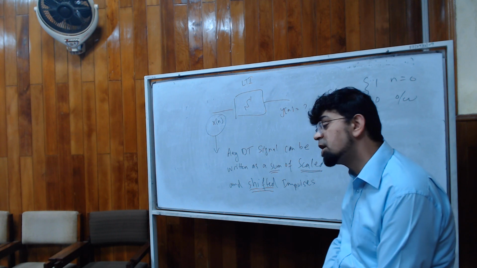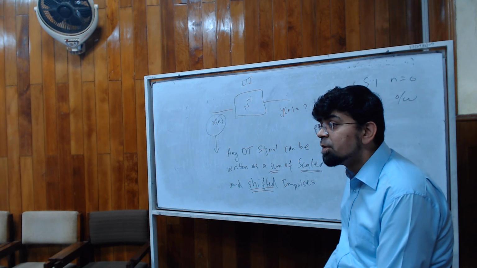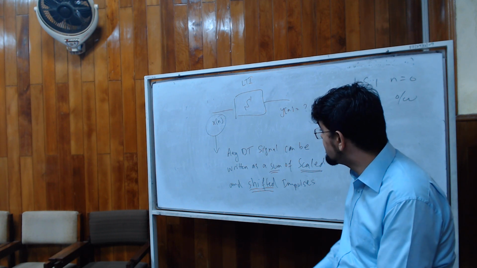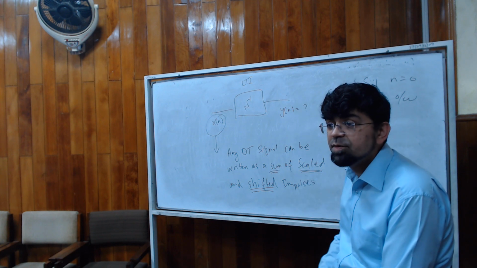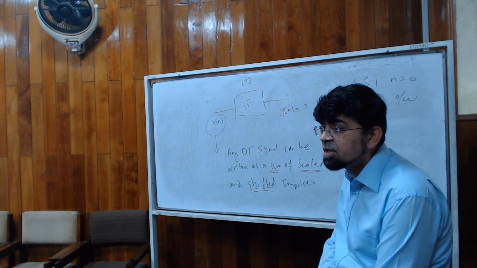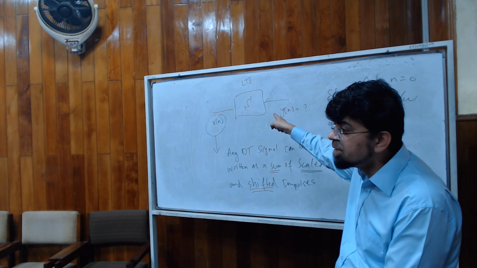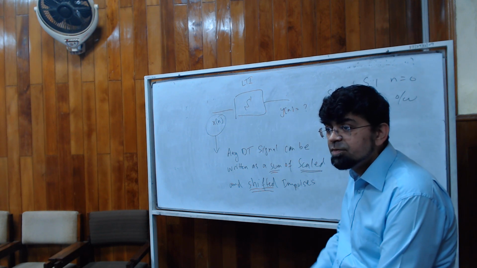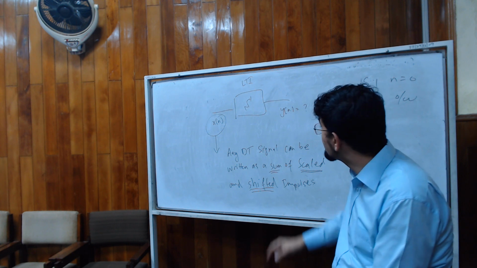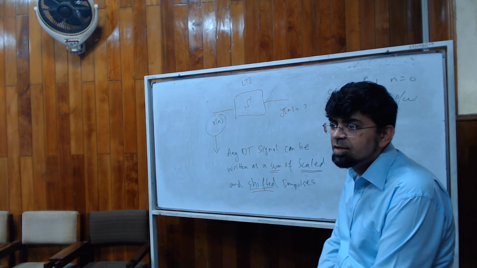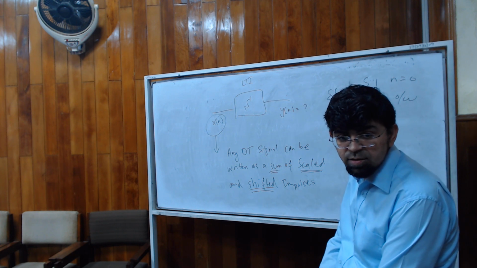We will come to this next time. We will see how any discrete time signal can actually be written as a sum of scaled and shifted impulses, and then we will send those scaled and shifted impulses through the LTI system, and use LTI properties to get a final formula for this. And that will be the answer.